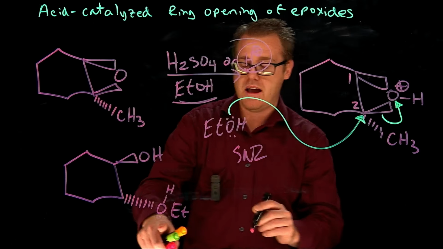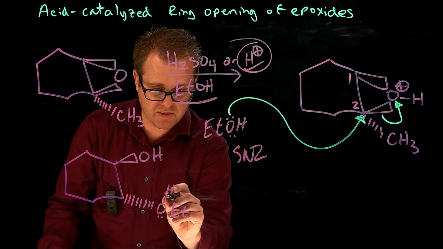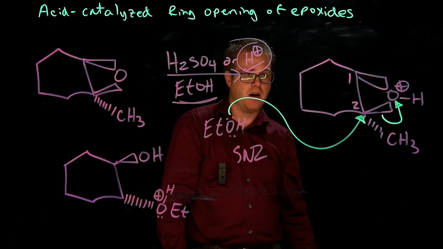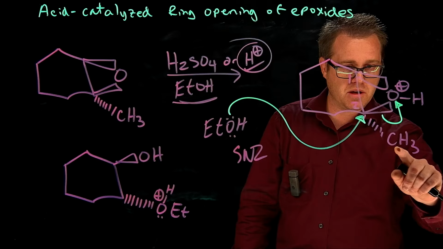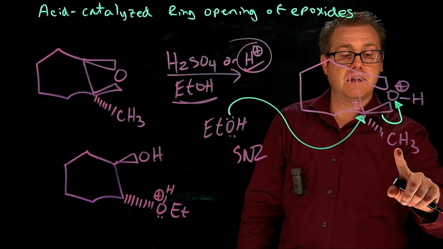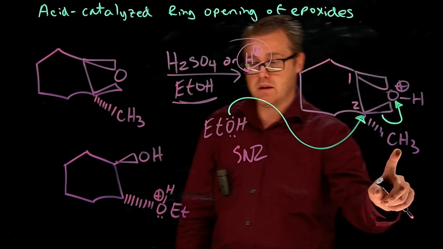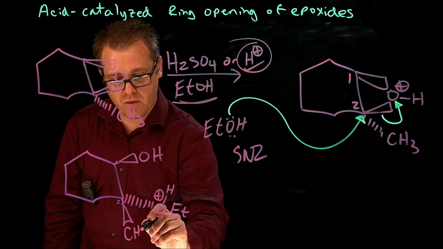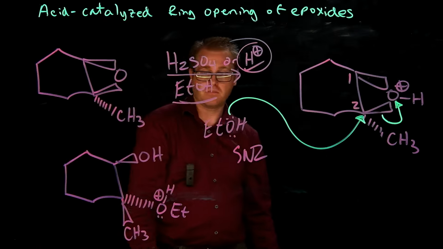So if the ethanol comes in from the backside, that's going to now be protonated when it forms that oxygen-carbon bond. But where did this methyl group go? It's still there. But now look at what type of bond it is. It is now a wedge right there.